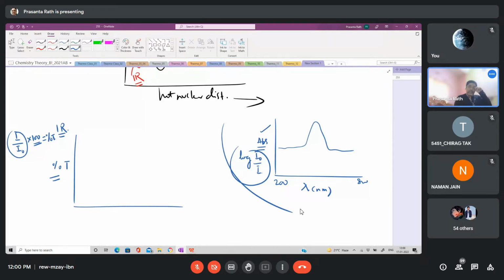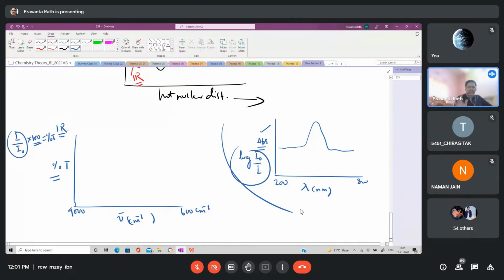And this side, instead of taking wavelength, here we take wavenumber, न्यू बार सेंटीमीटर इनवर्स में हम लोग लेते हैं. ओके, and the IR usually 4000 सेंटीमीटर इनवर्स से 667 सेंटीमीटर इनवर्स तक हम लोग इसको देखते हैं.